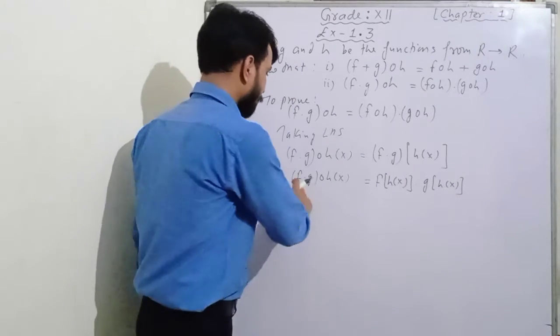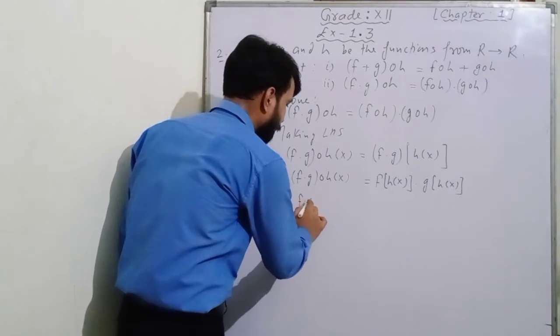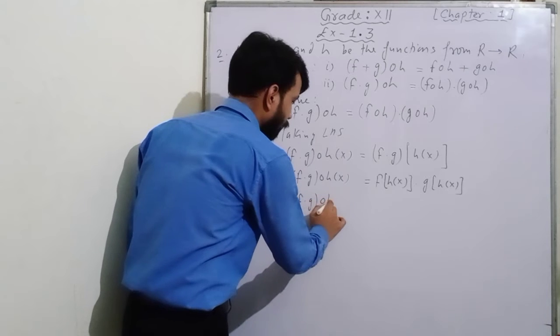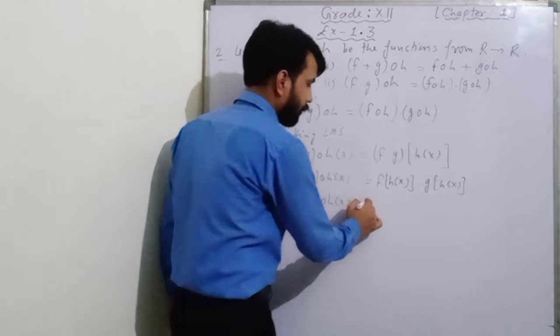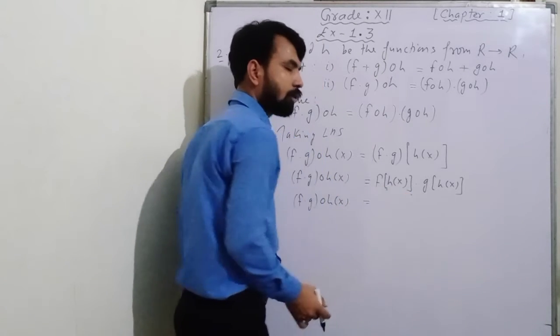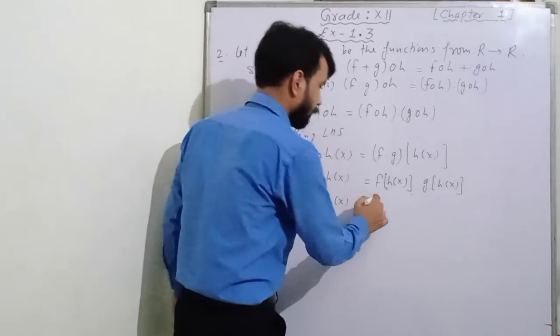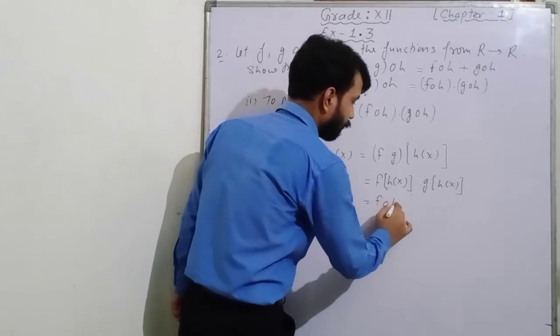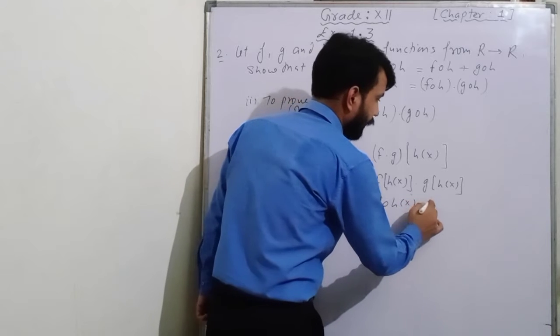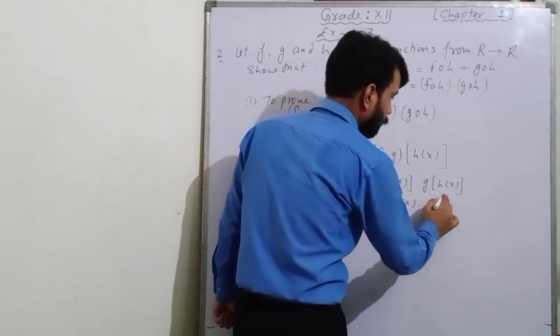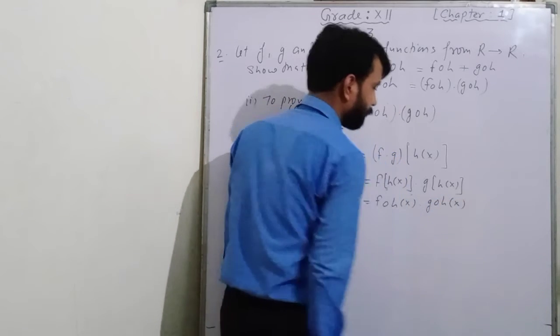Clear? Now left hand side will remain same. (f dot g) o h(x) equals to, we will remove this square bracket, so we can introduce o, (f o h)(x) into (g o h)(x).